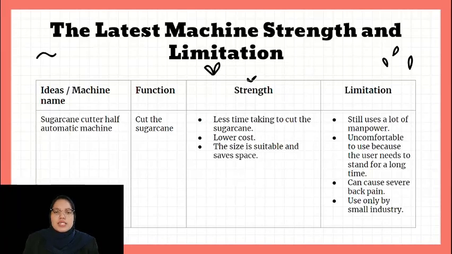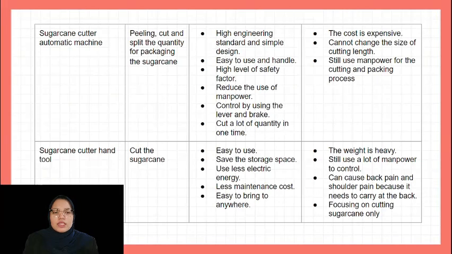The next machine is a fully automatic machine. This machine has many advantages. However, the most notable limitation is the price. This is because not many small-scale farmers can afford to purchase it and pay for its maintenance.